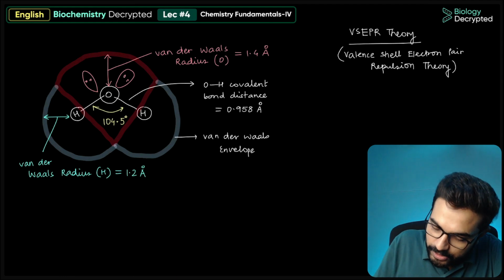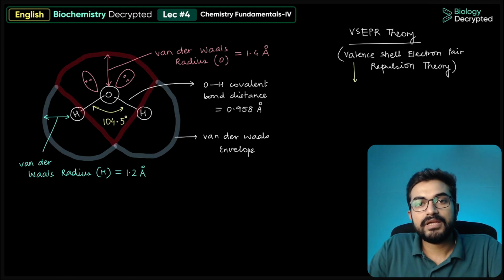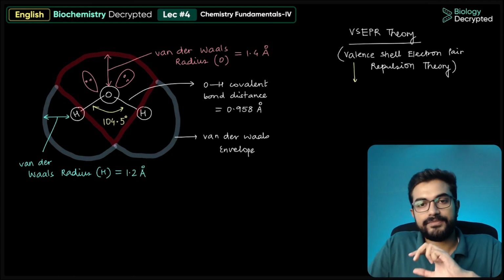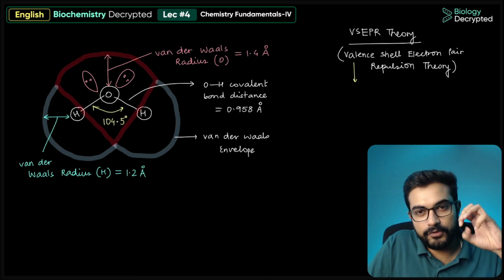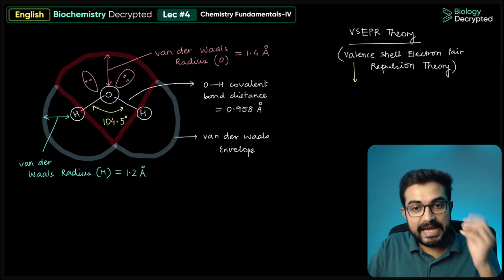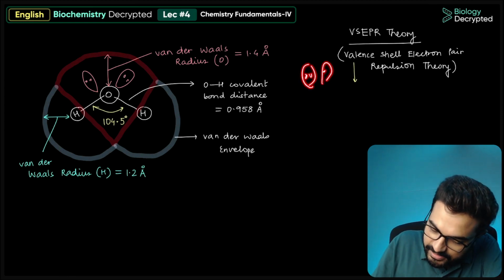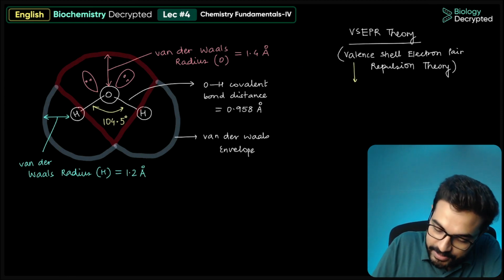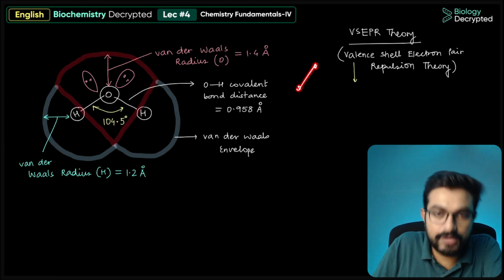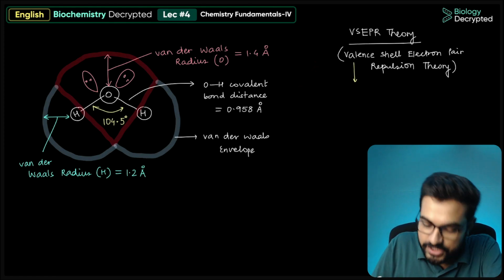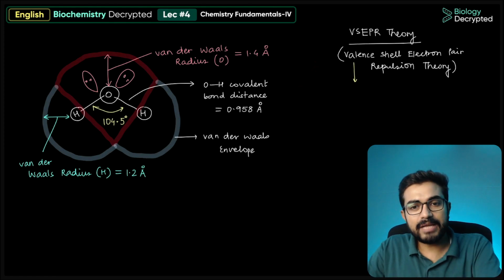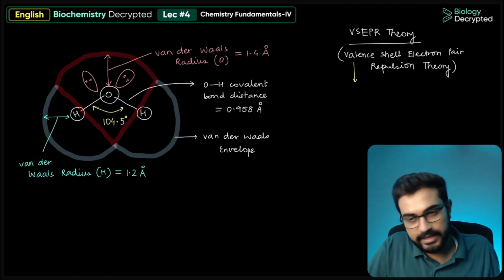And if we talk about VSEPR theory, there is an order. If we talk about valence shell electron pairs, either these electron pairs can be lone pairs or they can be bond pairs. This is how electrons are involved in bond pairs. So there are different types of combinations of interactions.